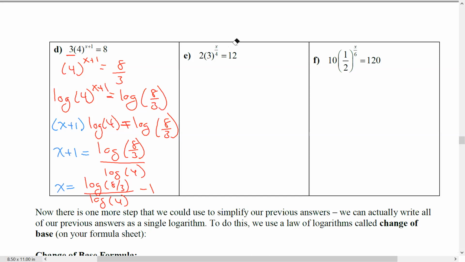All right, let's try a couple more. Next one, again, I can't multiply the 2 and the 3 together. So now I'm going to divide both sides by 2. Which is 6.